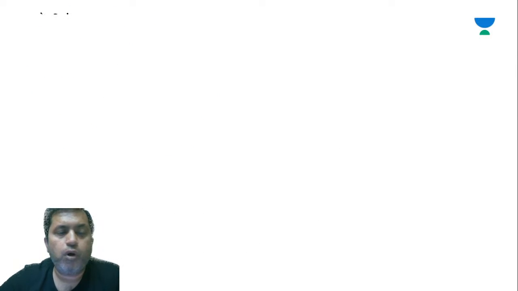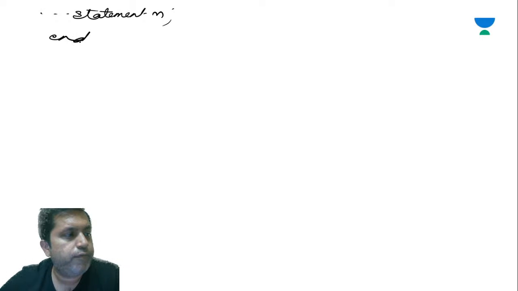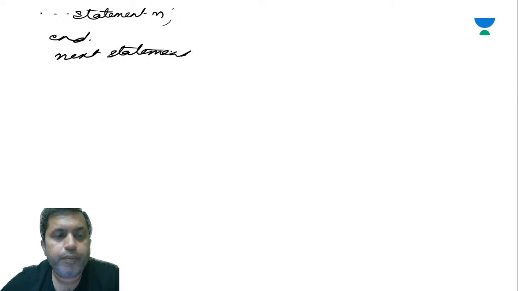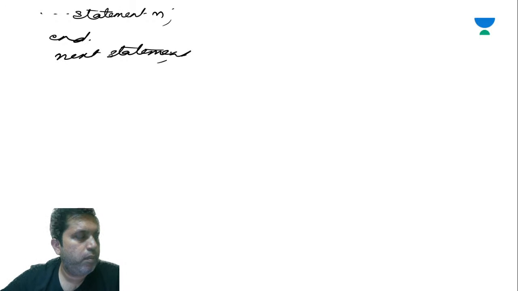Okay, then we got statement n semicolon and the if statement next state. Okay, this is unconditional loop.